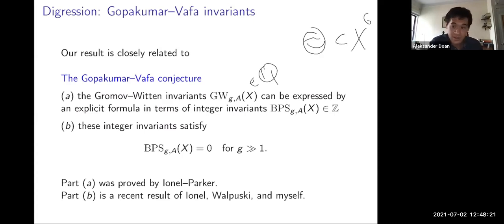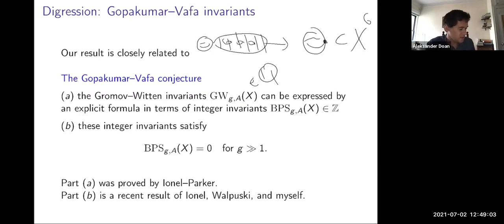Again, we are talking about six manifolds. This sphere will contribute to Gromov-Witten invariants of any genus because you will have maps like this. This is a somewhat weird feature of Gromov-Witten theory, that a single curve of genus 0 will contribute to Gromov-Witten invariants of any genus. So what this Gopakumar-Vafa conjecture says is that the BPS invariants should not have this property. They should have a property that for high genus, the invariant is 0.